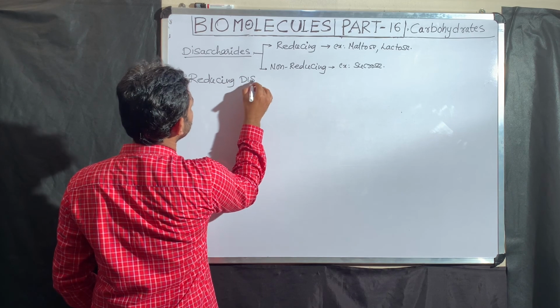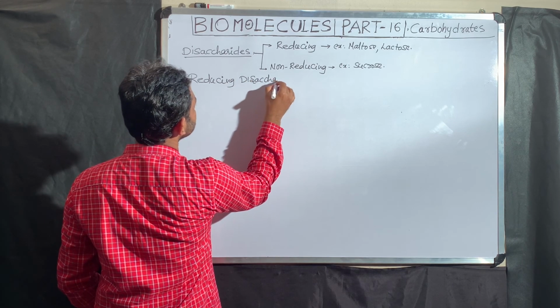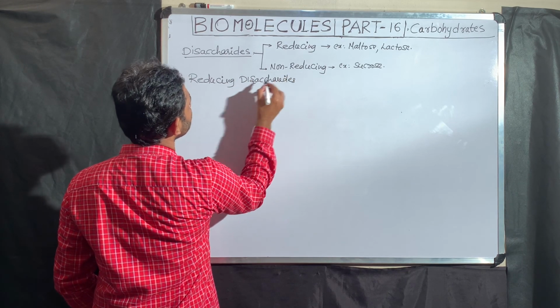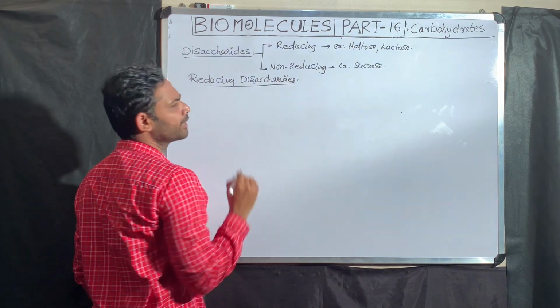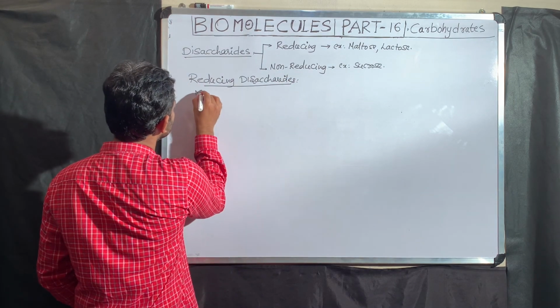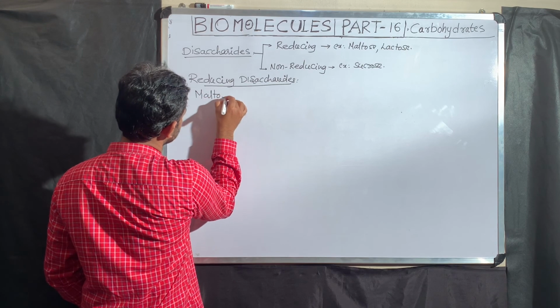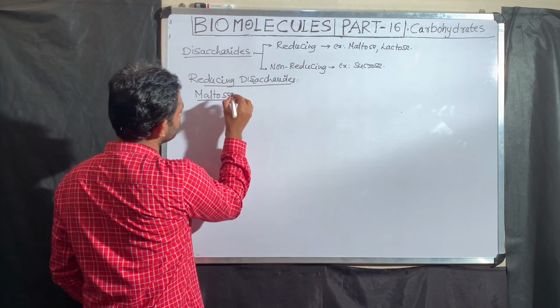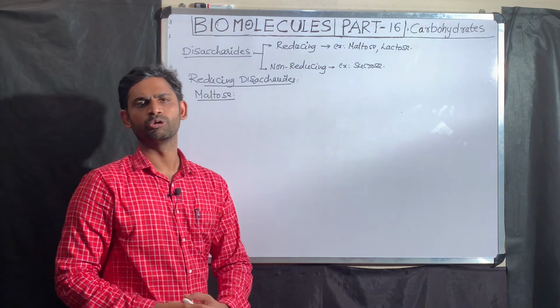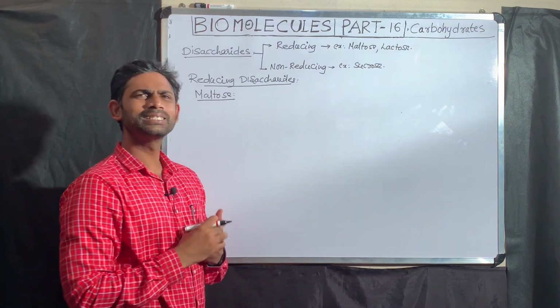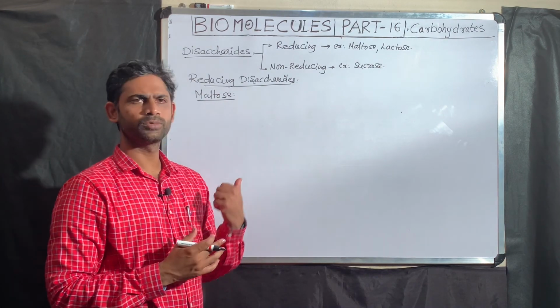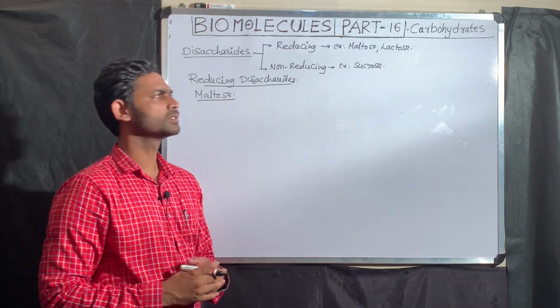What are the examples of reducing disaccharides? Maltose and lactose. First I am going to start with maltose. Maltose, malt sugar. Now I am going to explain the chemical structure of maltose.